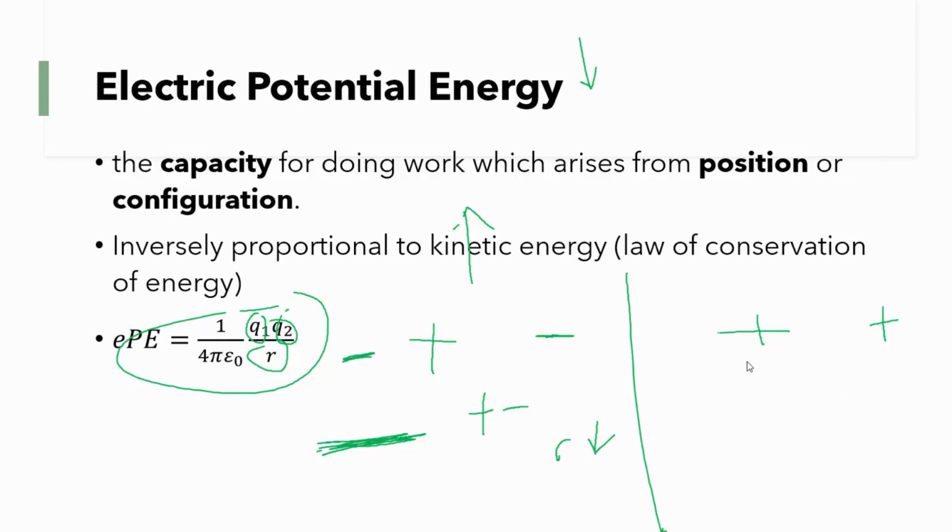Dito naman, positive, tendency niyan is lumaki. Mag-go apart. So, r increases. Dahil dyan, the U, potential energy ay bababa. So, kung ito ay positive, ito ay positive. So, ayan.